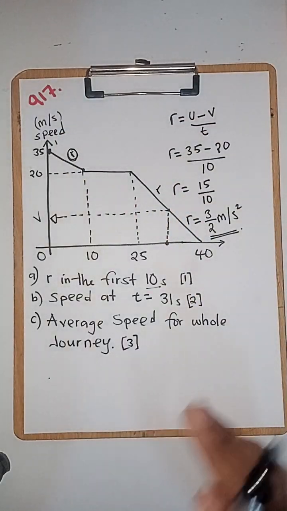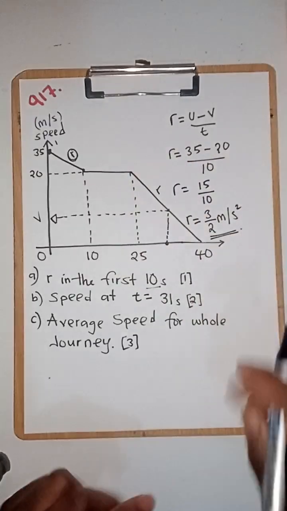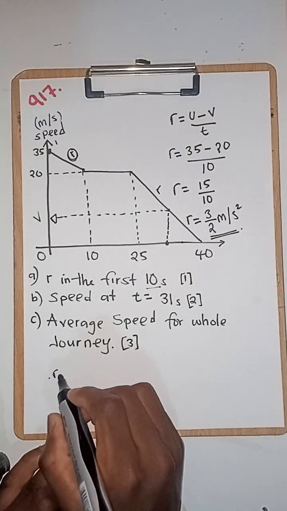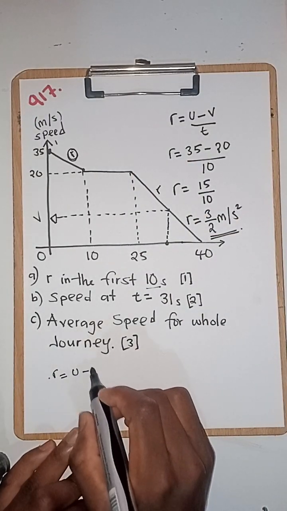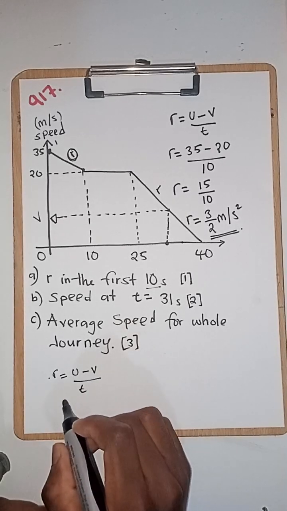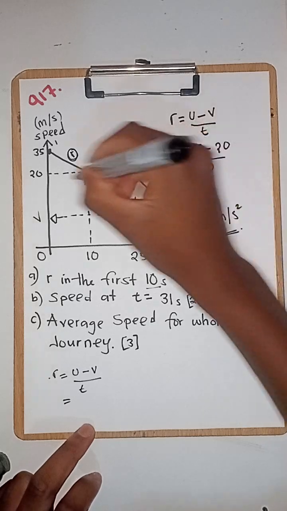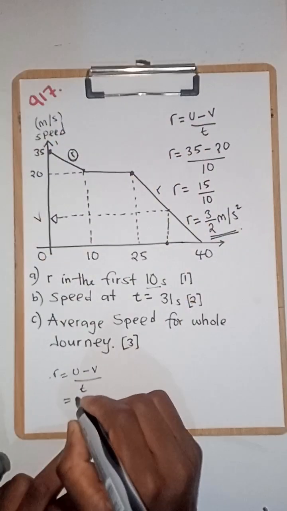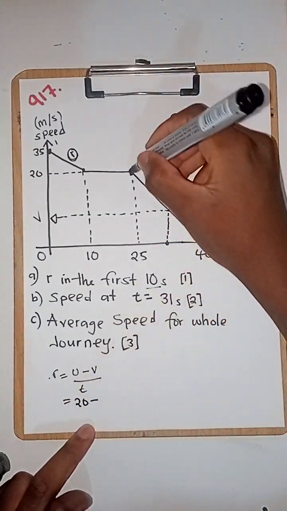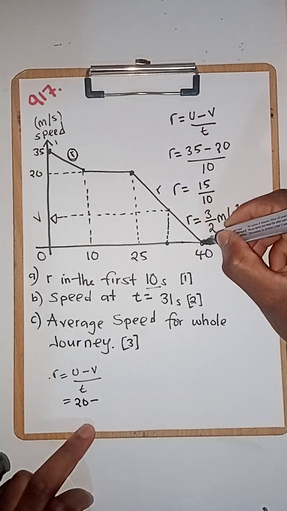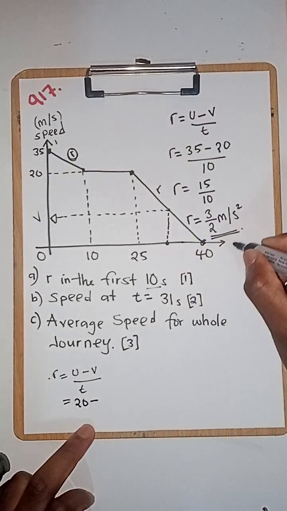Okay, so we're going to use this R, which is here. So here we have an R, even here also we have an R. Now let's find the R for this line. So R will be equal to initial minus final over t. Then here my initial is right here, which is 20 in this case, minus our final is here, which is 0. Don't get 40. 40 is time.